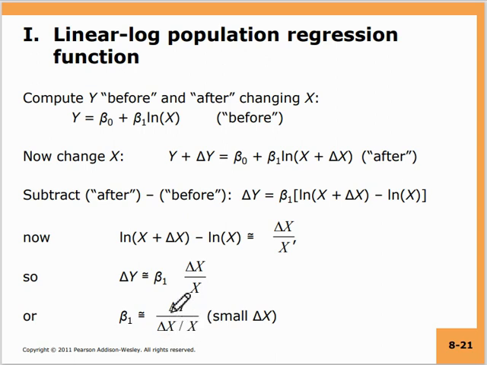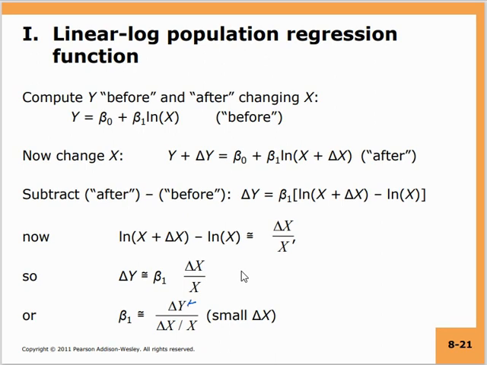That is the absolute change in y divided by, now this is not the percentage change in x, this is the relative change in x, which multiplied by 100 is the percentage change in x. So we have the change in y divided by 100 times the percentage change in x.